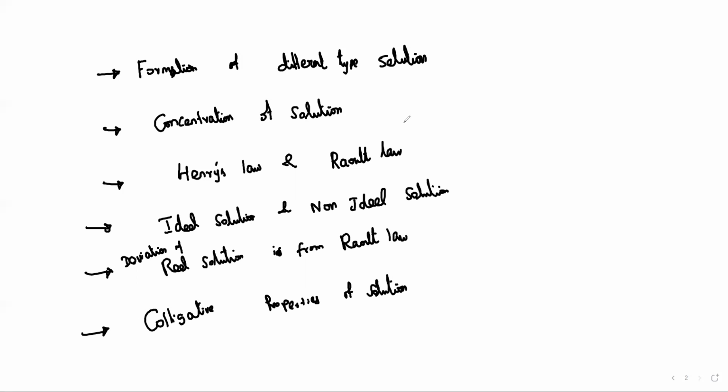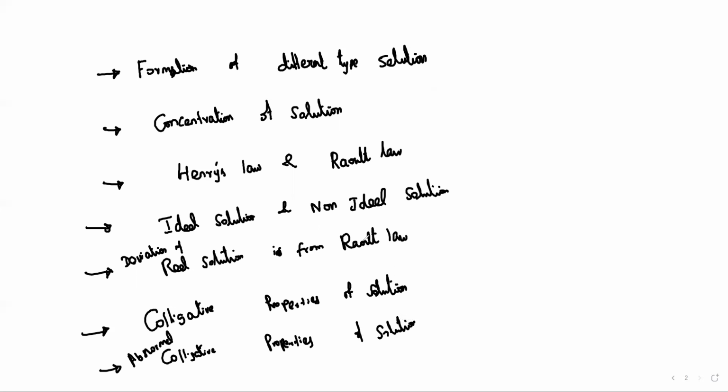And if there are any abnormal colligative properties, for example if you face some anomalous behavior of solution, for that we have to study the abnormal colligative properties of that solution. So these are all the objectives of the solution chapter.